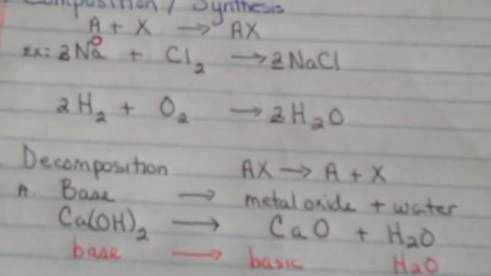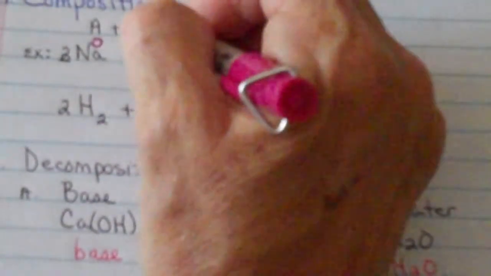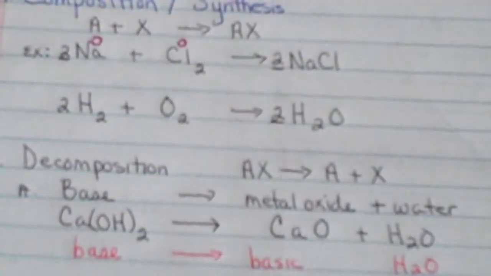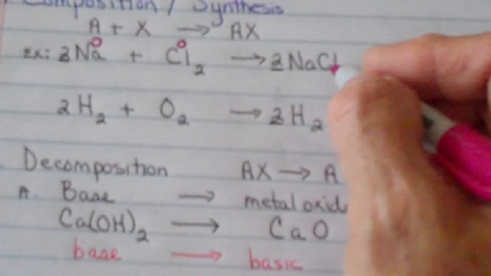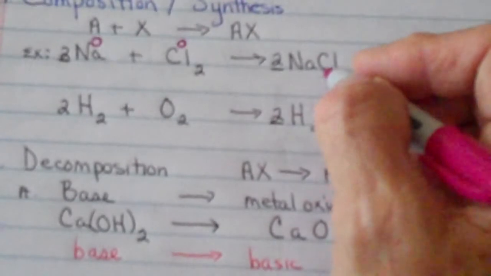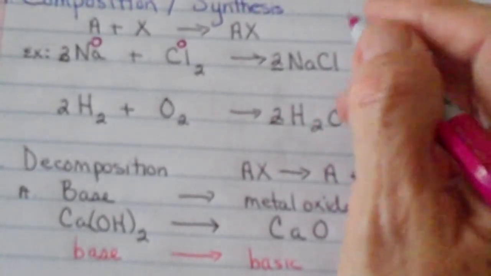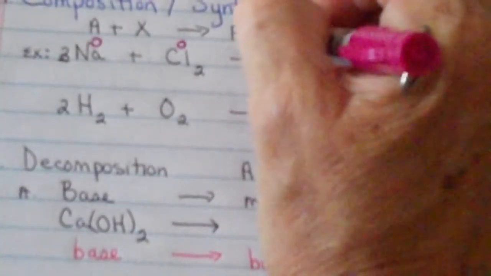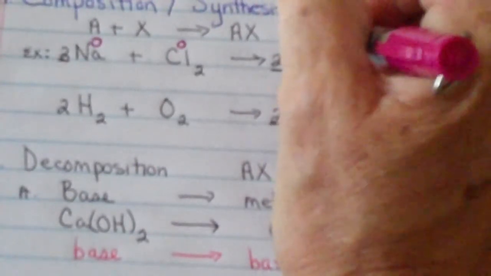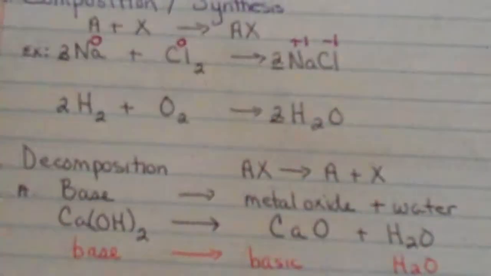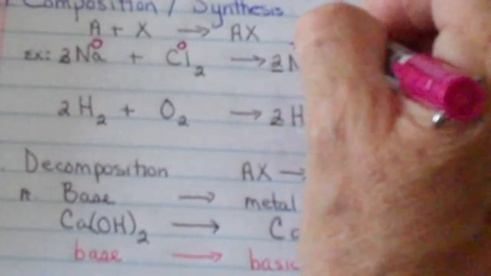The oxidation number of a free element is 0. So since sodium is free by itself, it has an oxidation number of 0. Chlorine's also by itself, so it's a free element. But this is a compound, and in a compound, the sum of the oxidation numbers must equal 0. So the sodium is +1, and the chloride component is -1, so that the sum will equal 0.